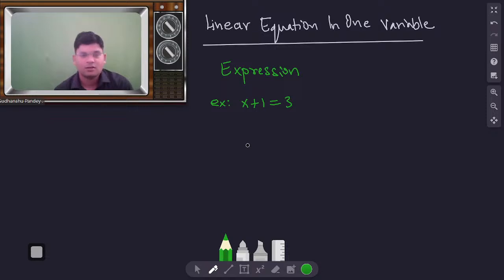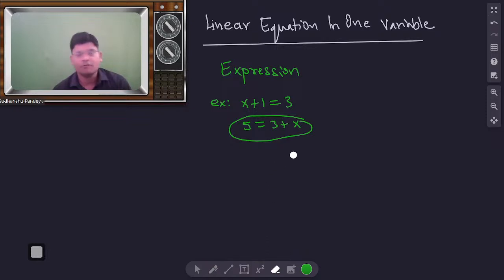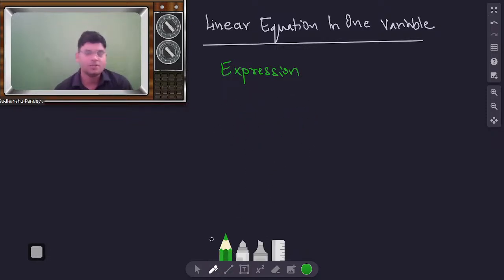I think an expression is 5 is equal to 3 plus x. Okay. So both of you have some misunderstood concept of expression. We should correct it. So what is an expression?